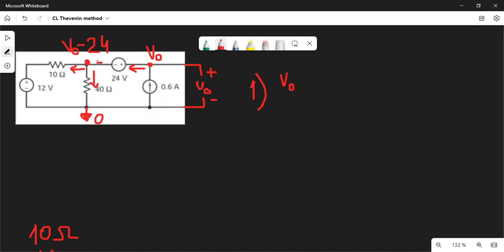Stop here. Okay, see guys, if there is an independent source between two nodes, that means this is a supernode, and you have to consider these two nodes simultaneously together. We should also take into consideration this guy, 0.6 amperes, because between two nodes there is an independent voltage source.